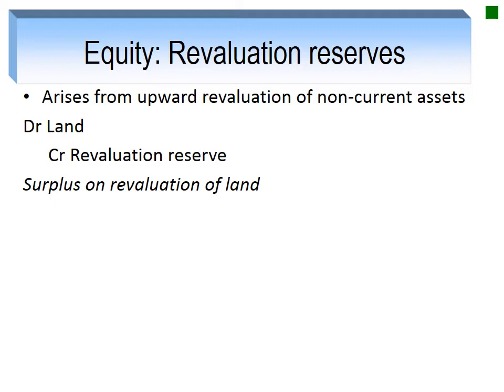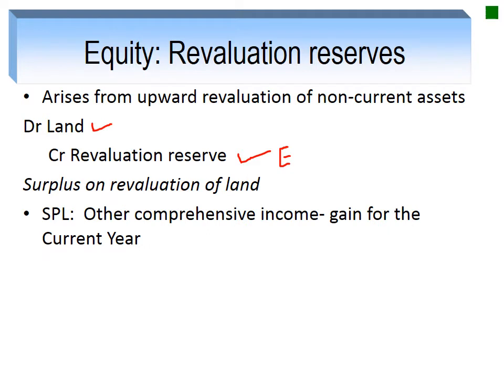If you do revalue land, you will debit land and you will credit a revaluation reserve. This revaluation reserve is part of equity, and we will include it under the equity section of the statement of financial position.